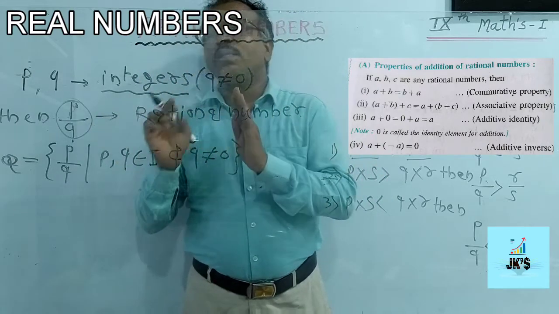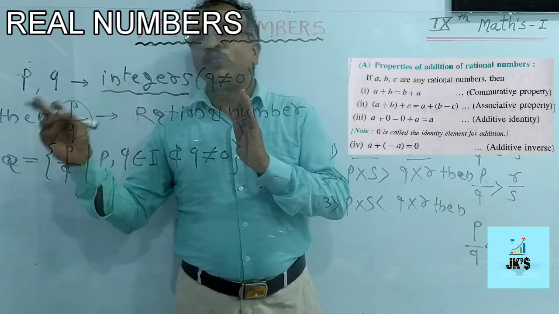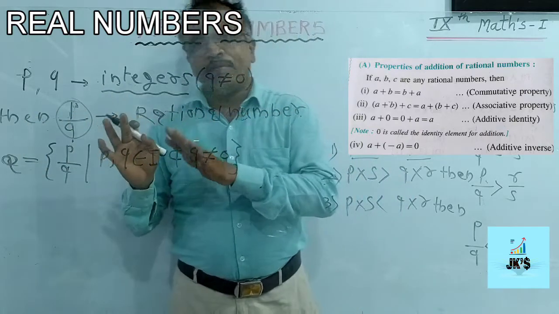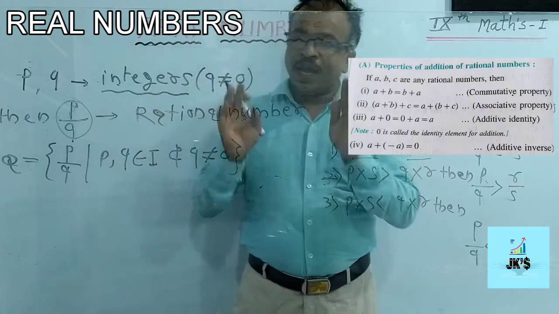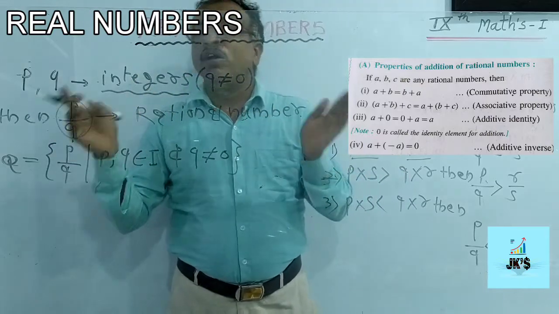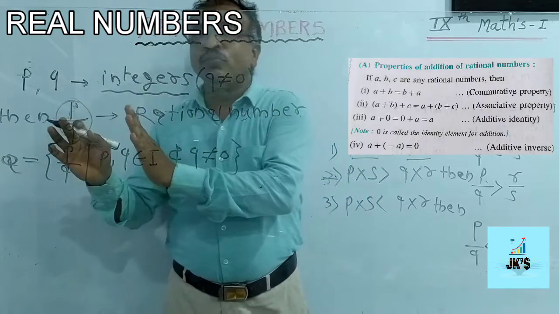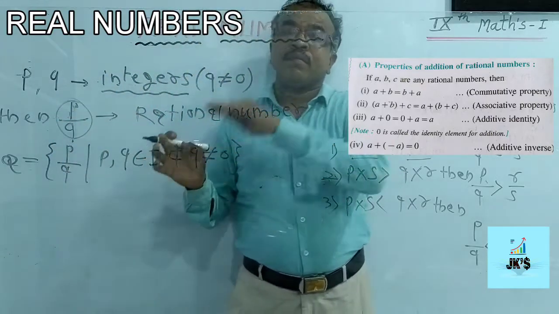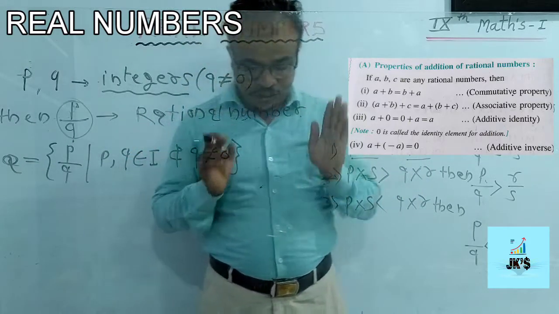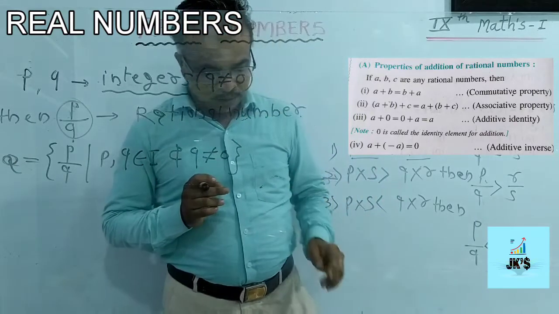Equals 2 plus (3 plus 4): 3 plus 4 is 7, 7 plus 2 is 9. It means we can add the first two numbers and then add the third one, or add the last two and then add the first one. The answer is the same. This is known as the associative property.